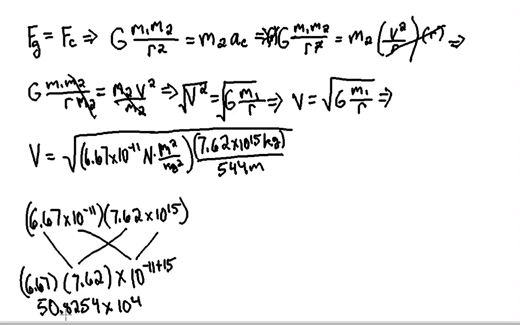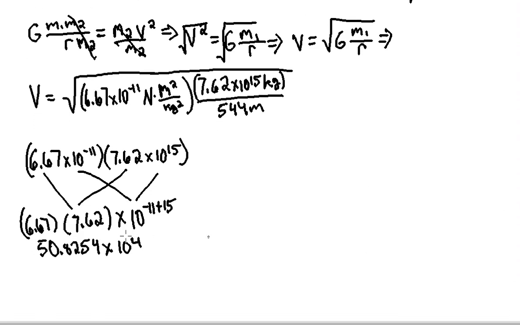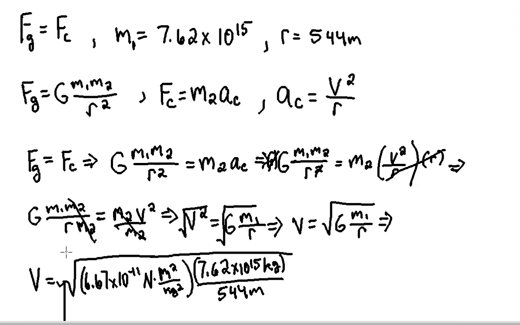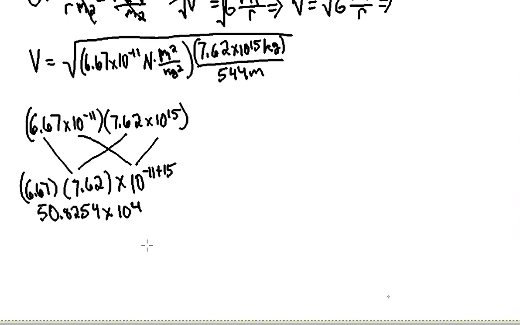So we're going to move our decimal place 1, 2, 3, 4 times to just get 508,254. So that's what happens when we multiply these two through.